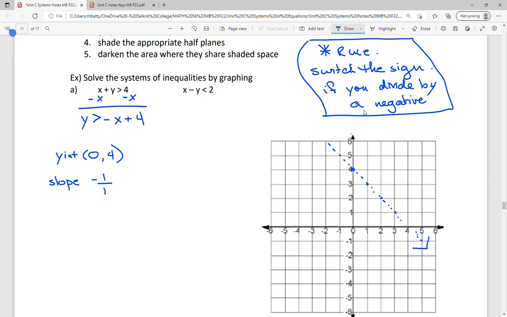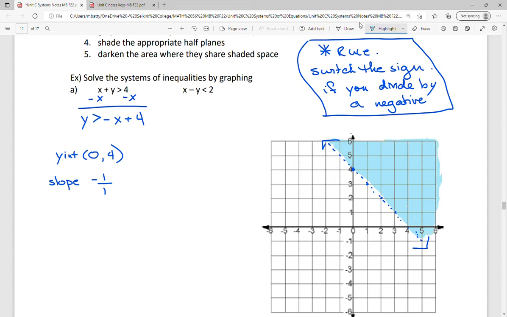Well, almost. And then this half plane shading business. So this half plane is going to be the y values are bigger than my line. And so up here is where my y values are going to be bigger than my line. So I could shade this region as the half plane of that first linear inequality in my system.